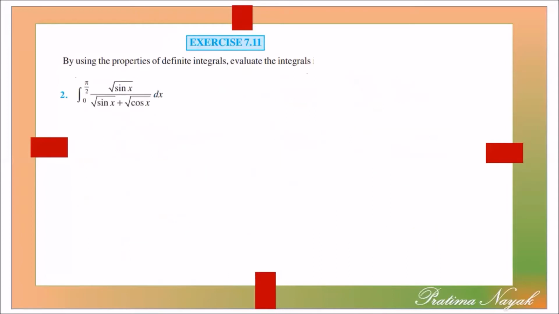Next is question number 2. Question number 2 is, I'll apply same property. So 0 to a f x dx is equal to 0 to a f a minus x dx. And you will write that applying the property, and you will mention the property also.